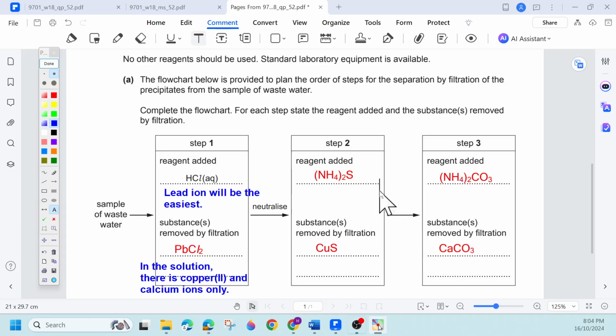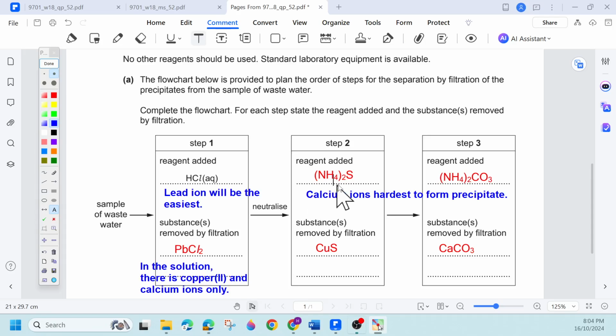At the end of the day, you could say, sir, I want to add either one, right? You add the sulfide or add the carbonate, and copper is going to come out first because calcium ions are the hardest to form a precipitate.